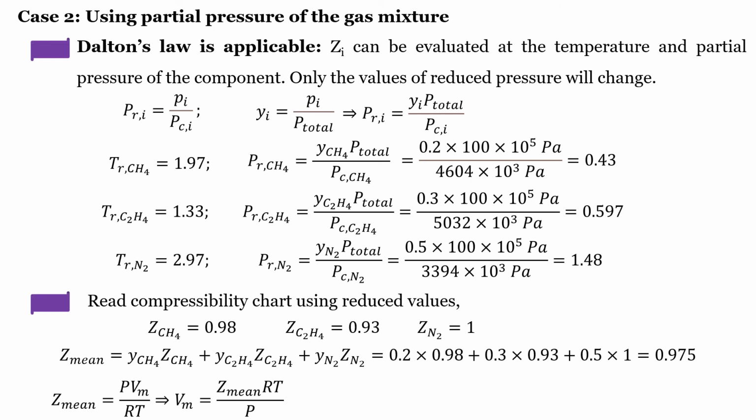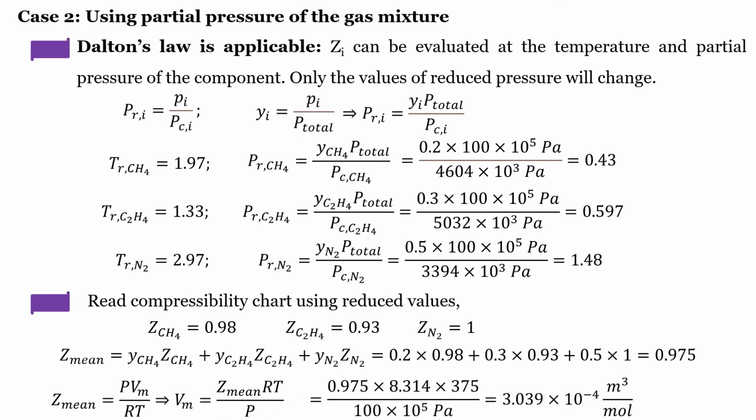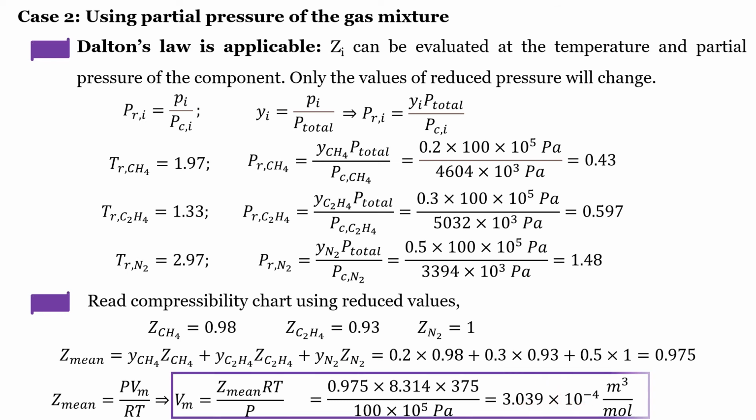Further we can write Z mean equal to PVM by RT. So from this we can estimate the molar volume. After putting all values we will get the molar volume.